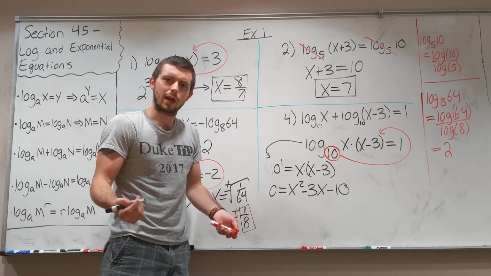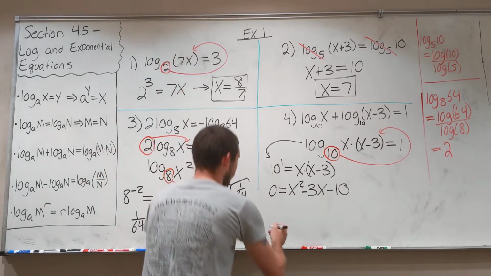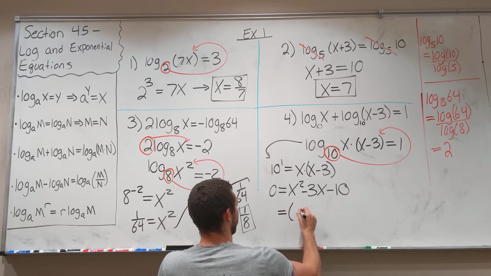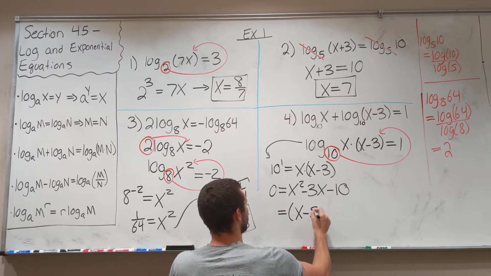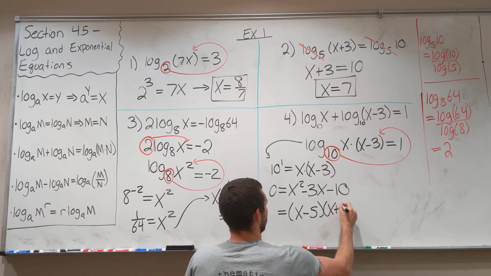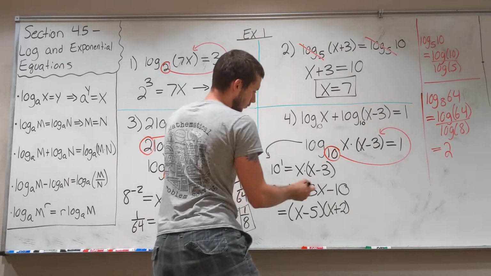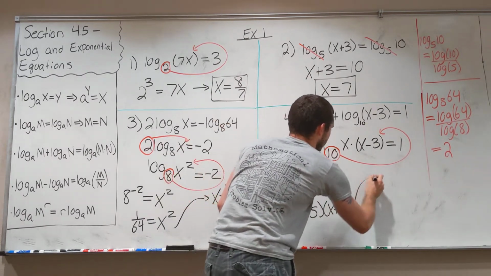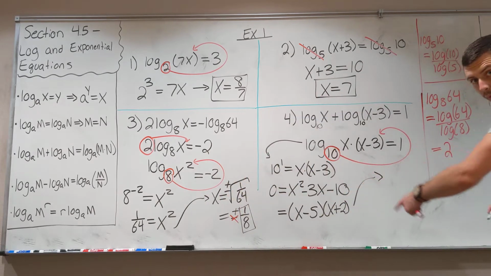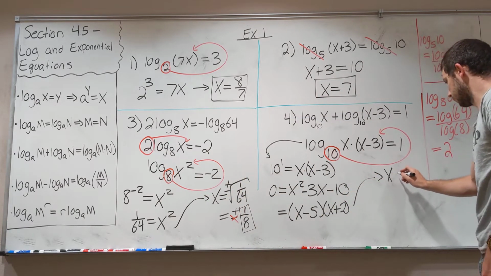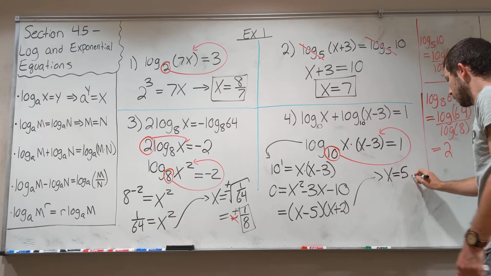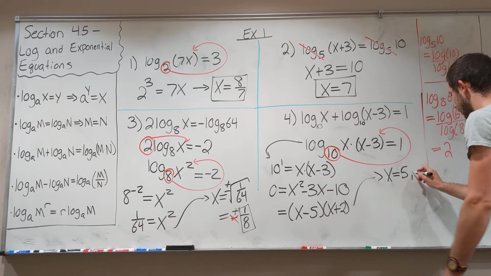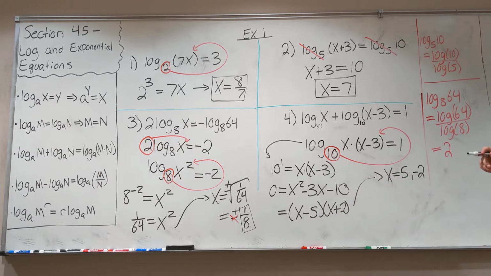And the only reason we did that is so we can factor. This seems to be x minus 5 and x plus 2, which will give us 2 answers, as we've seen before. We get positive 5 from the first one and -2 from the second one.